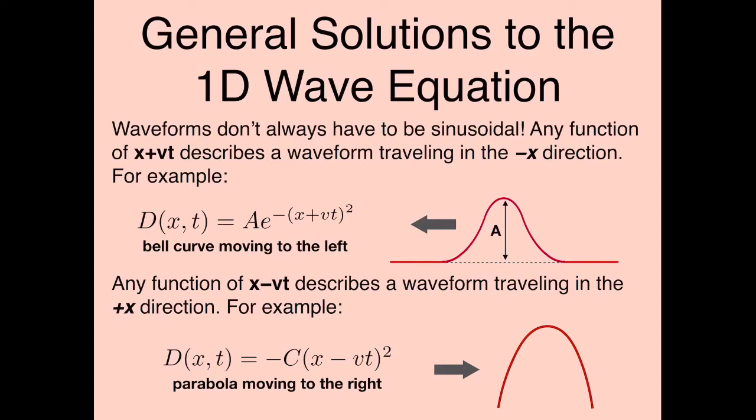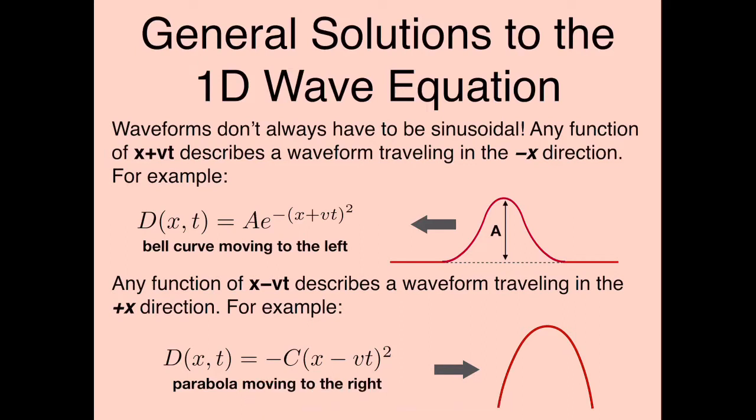Okay, so if you have minus some quantity squared, we know that looks like a parabola, a concave down parabola. That's the shape. But again, because inside of that function we have x minus vt, that's describing this parabola, this shape, that's our waveform, traveling to the right in the positive x direction, okay?